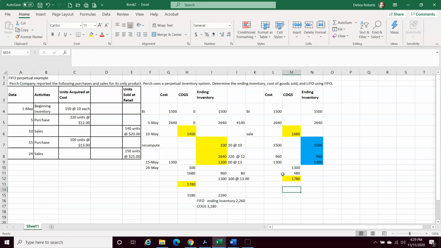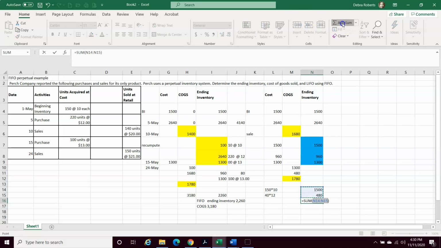So our ending inventory is going to be our 150 units at $10 each, which is going to give us $1,500. And then we're going to have our 40 units at $12 each. And I'm doing my calculation here. And then I'm going to run a total.